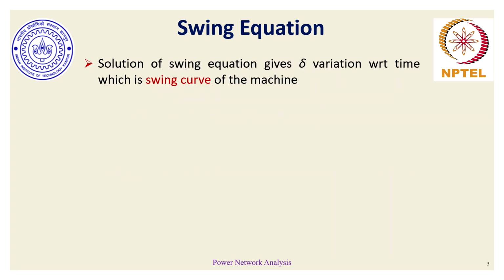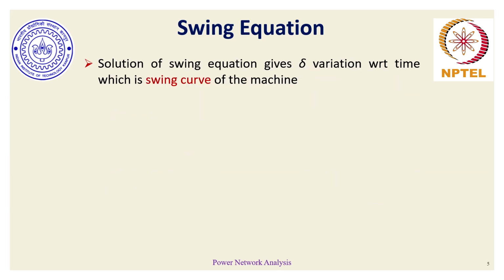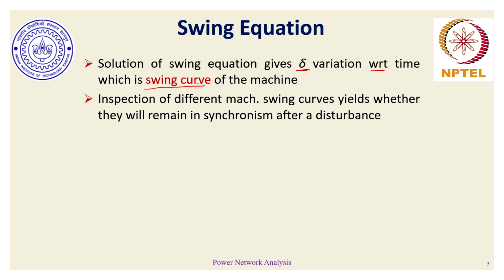The solution of these swing equations, be it the double derivative form or the first order differential equations, if we solve these equations for fixed Pm and varying Pe, we'll get an expression of delta or omega r in terms of time. And this essentially is the variation of rotor angle with respect to time, and that's why we also call this plot or analytical plot the swing curve of the machine.